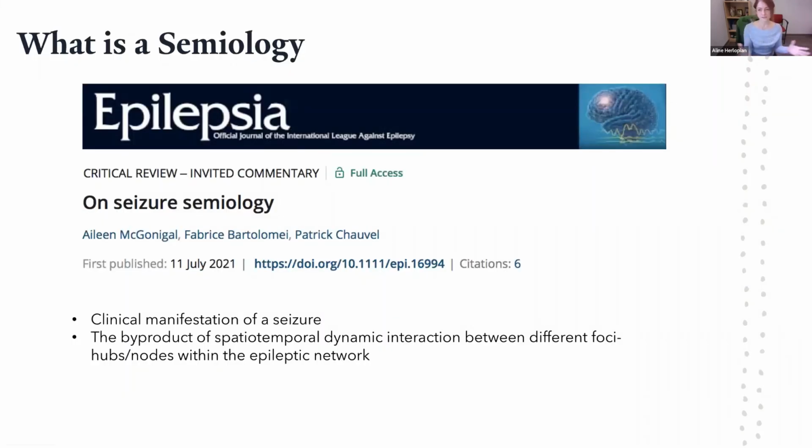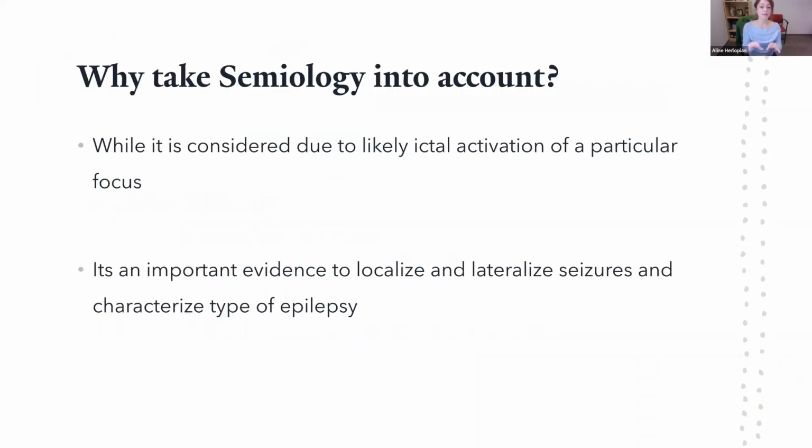Semiology is the clinical manifestation of a seizure. It's the byproduct of a dynamic interaction between different parts of the brain, nodes and hubs within an epileptic network, to cause the semiology. Now, semiology is a crucial piece of evidence for localizing and lateralizing seizures, trying to see where exactly that part of the brain is involved in producing those symptoms.